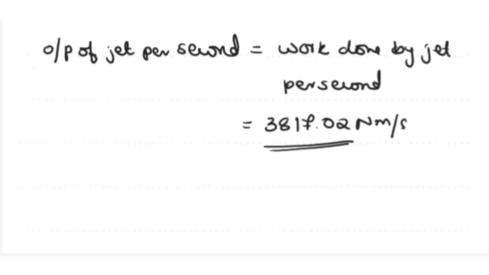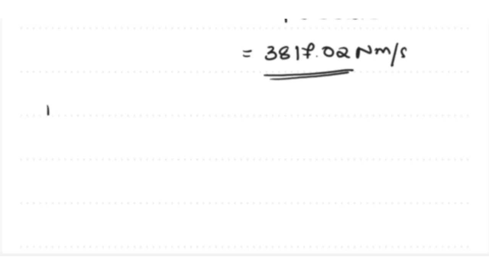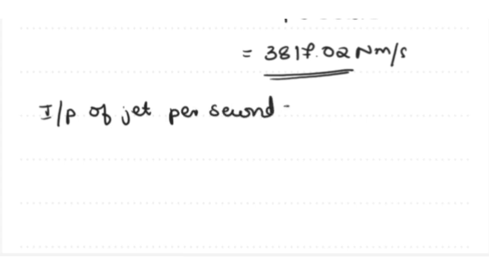Next we should go with the input of jet, that is equal to half into rho into a into v cube.